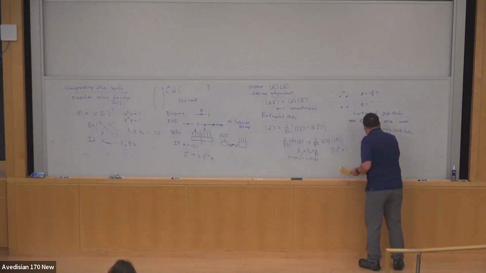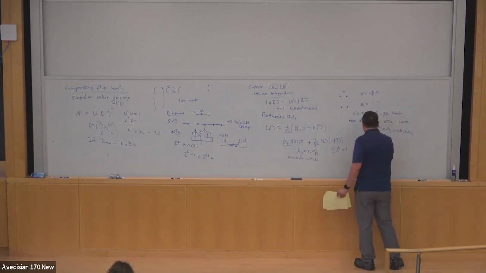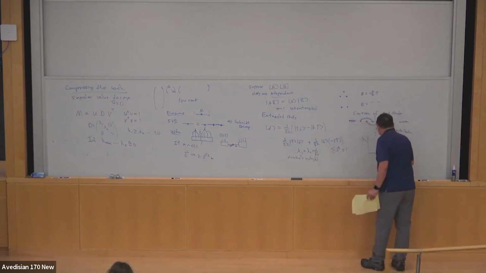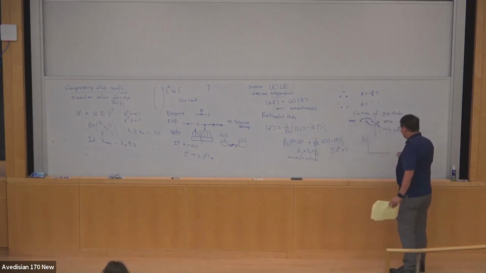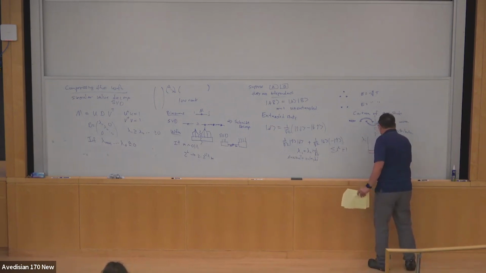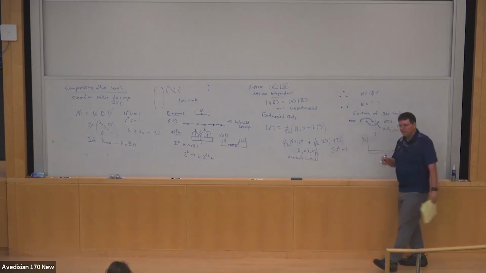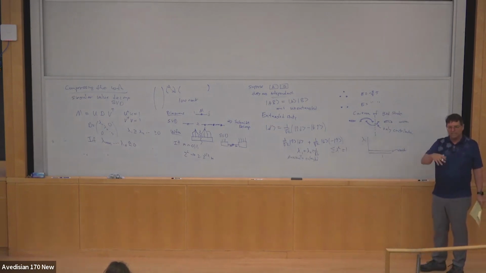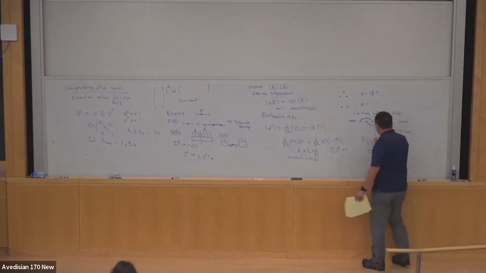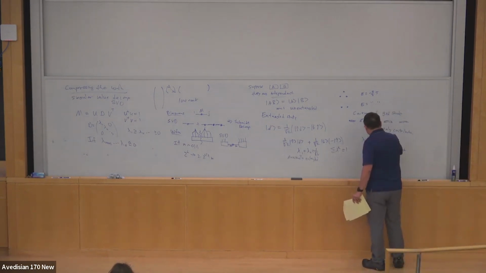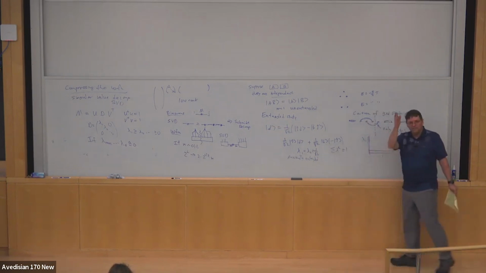So what that will mean is that if we plot lambda I versus I, the worst case is that all the probability is divided between these different pieces, and the best case is that everything is in one case.